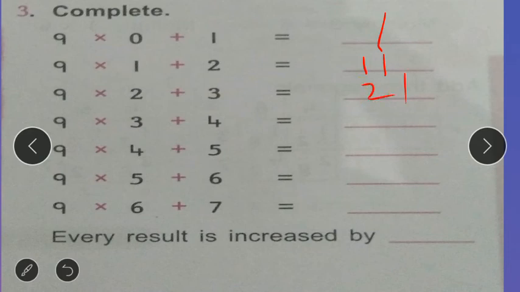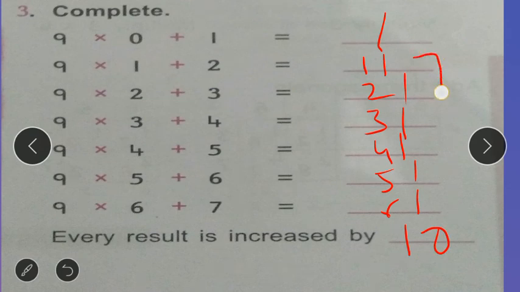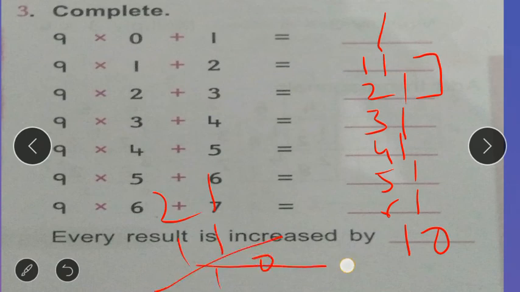Okay, so just see that you got the pattern. 9 multiply 3, 9 3s are 27. 27 plus 4, 31. Got the pattern? So you will get 41, 51, 61, and the result is increasing by 10. Result is increasing by 10 means what is the difference between these two numbers? 21 minus 11, that is 10. So the result is increased by 10.